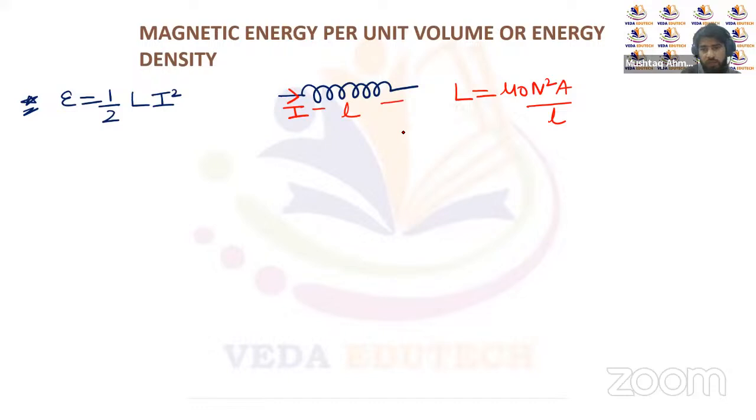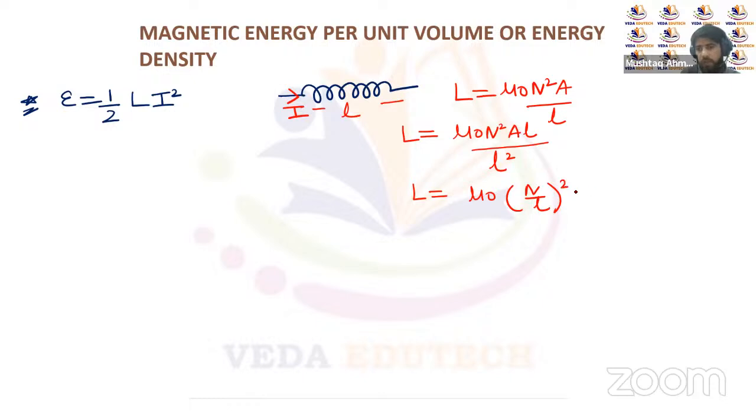Now let's suppose we multiply above and below with the length of this conductor, so it will be l square in the denominator. The coefficient of self-inductance will be equal to mu naught n upon l, that's the number of turns per unit length, multiplied by A into l.